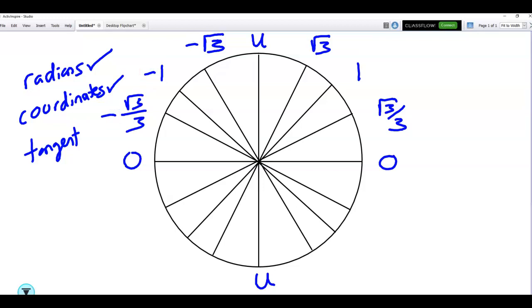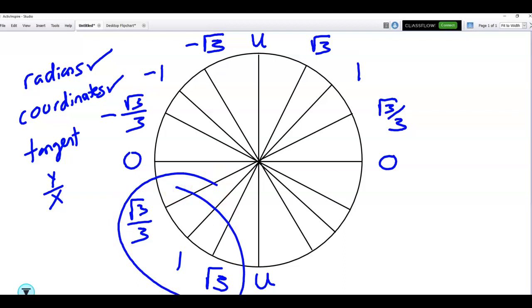Okay. Same thing here. Symmetry applies. Interestingly, these ones are positives. The reason why, if you're interested in knowing why, is because tangent is the y value divided by the x. So since in this quadrant, both the x and the y are negative, it cancels out the negative, and therefore it ends up being positive.